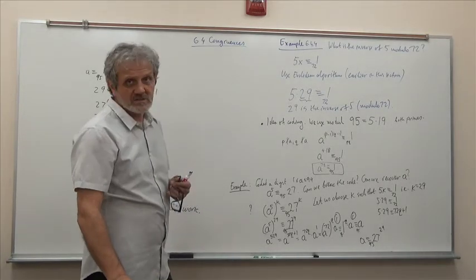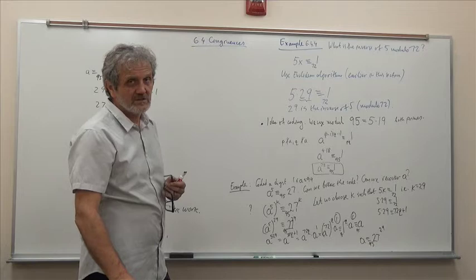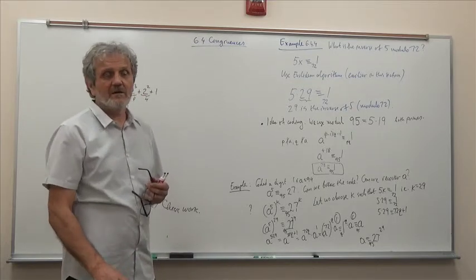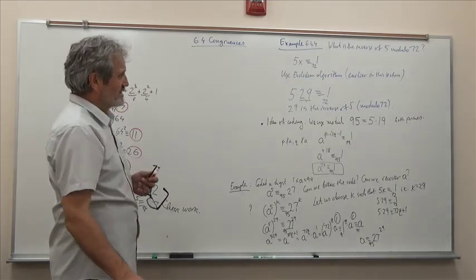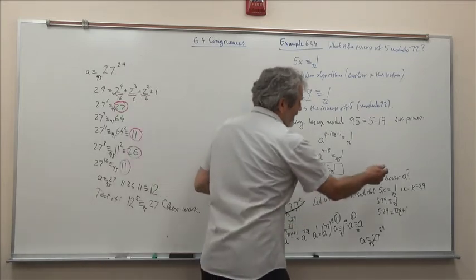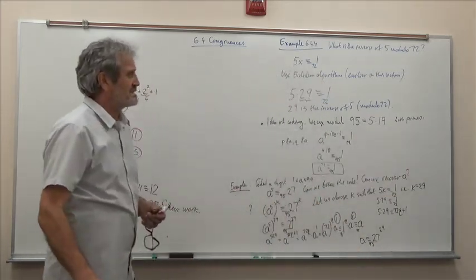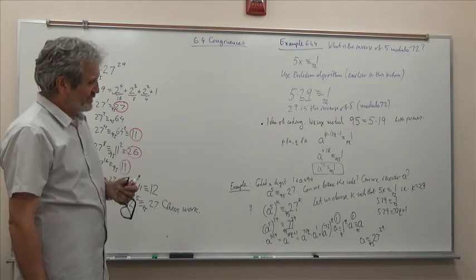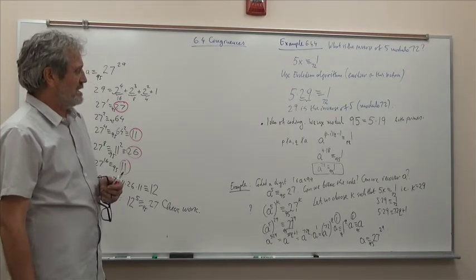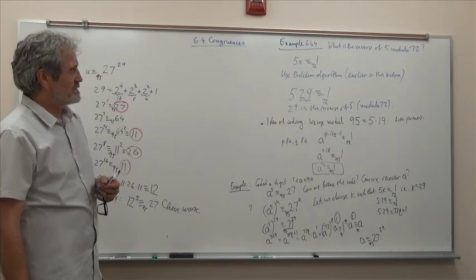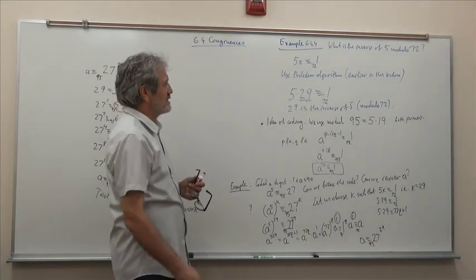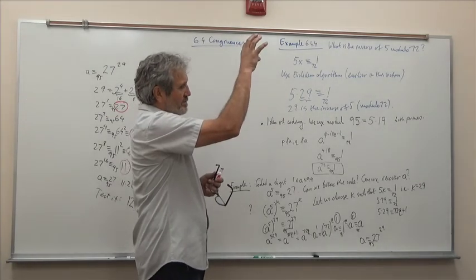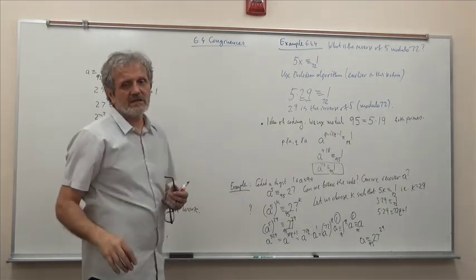So you reduce exponents modulo 72. Whatever is a multiple of 72 will produce no effect on the base A, but the remainder after that will be used to finish your calculation. So modulo 72 on top in the exponent, and modulo 95 on the ground.